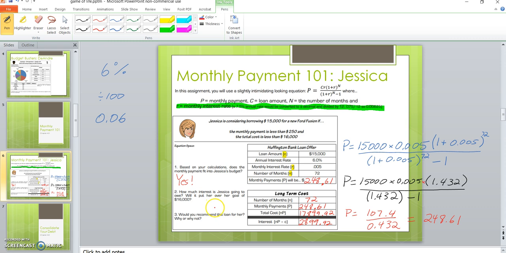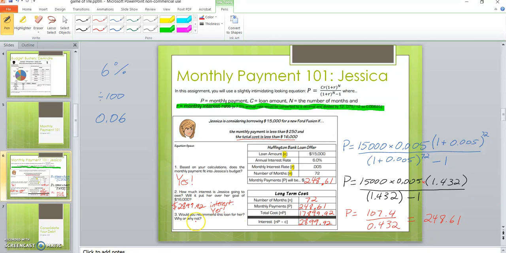Will it put her over her goal of $16,000? The interest is $2,899.92. She wants the total cost to be less than $16,000, but her total cost is actually $17,899. So yes, it will put her over.